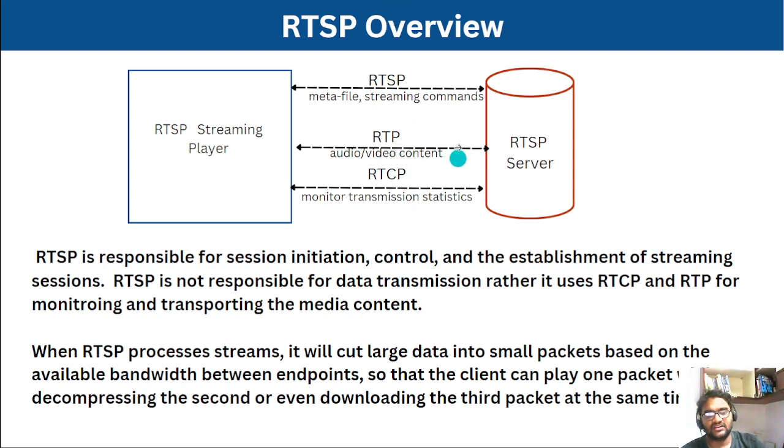RTP transfers the actual audio and video data, whereas RTSP carries the metadata and other details, and RTCP carries details such as quality and packet information, the number of packets, and all the statistics in its packets.